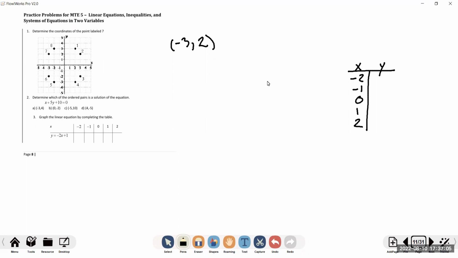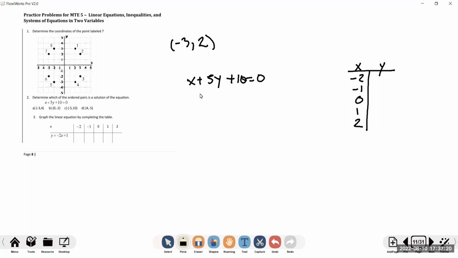Let's actually find ordered pairs that satisfy equation 2 first. Let's solve for y. x plus 5y plus 10 is equal to 0.